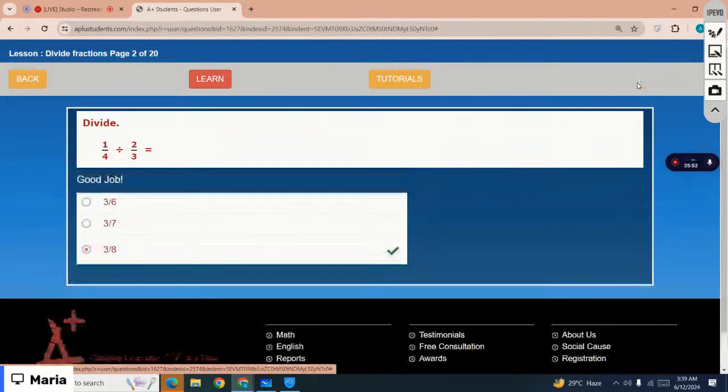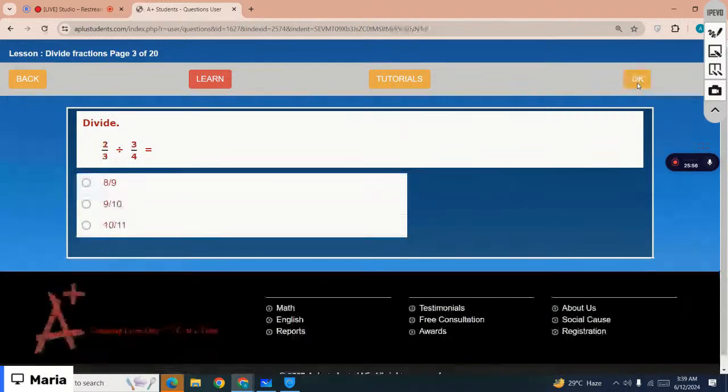The next one is 2 by 3 divided by 3 by 4. So which is the correct option?